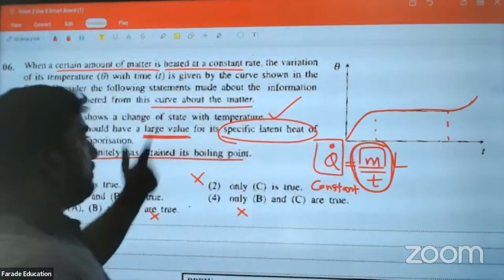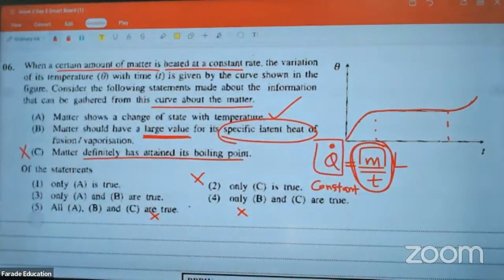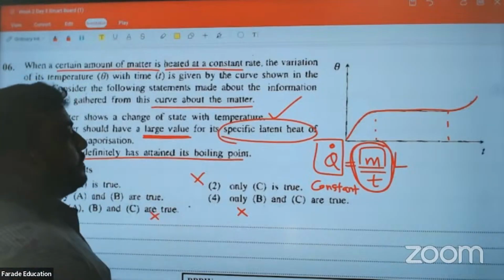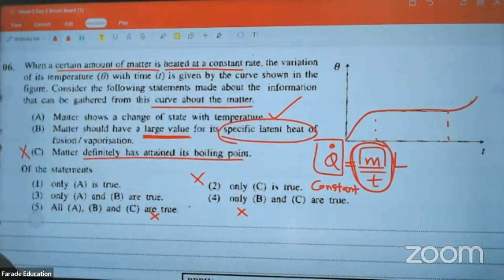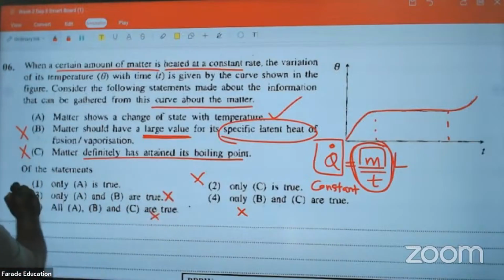Sometimes the mass might be large. Therefore, it will take a longer time. So B is also wrong. So only correct statement is answer A.